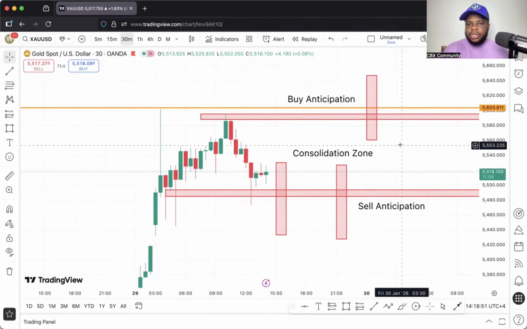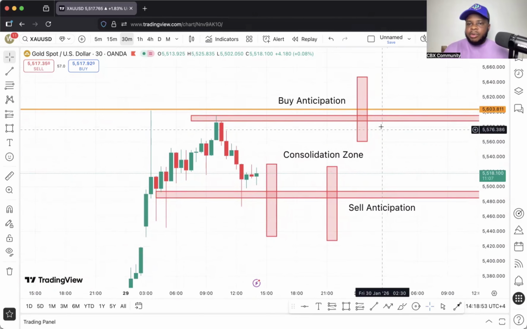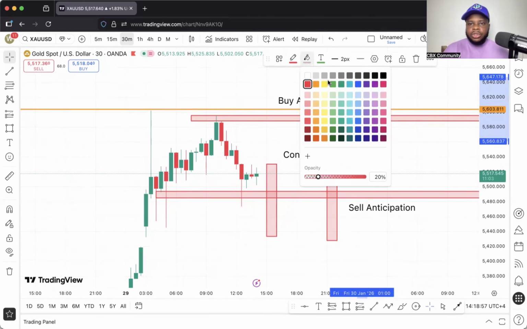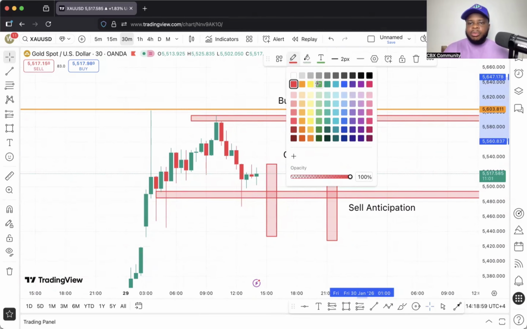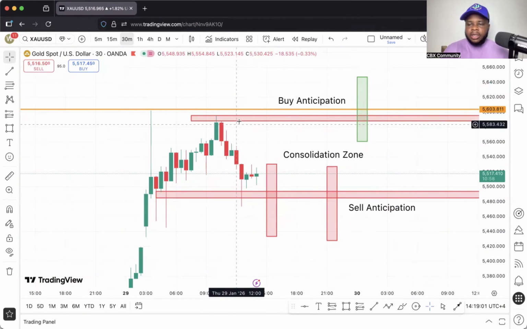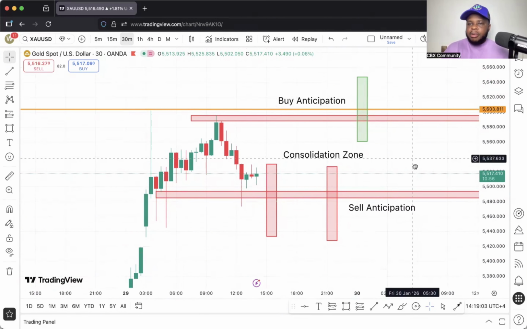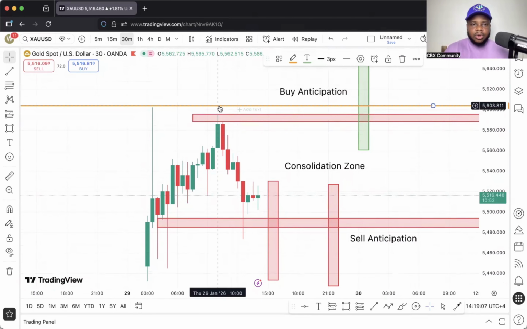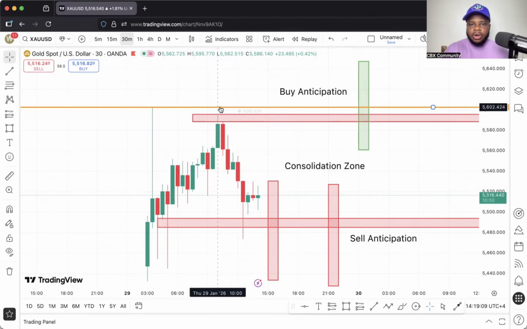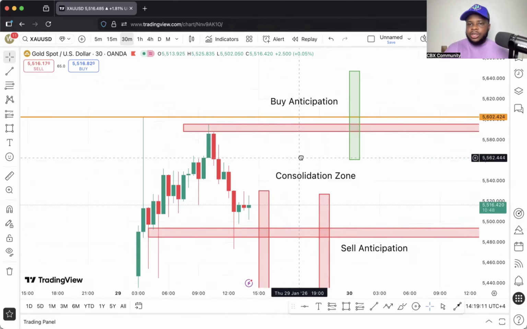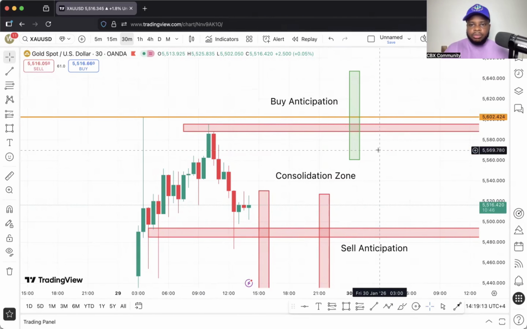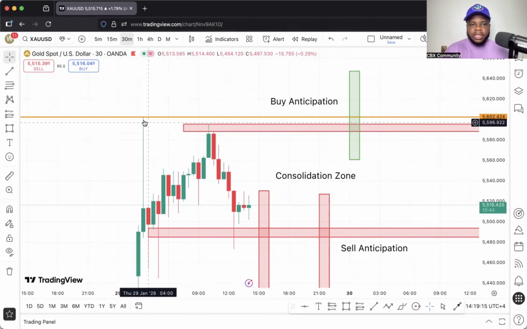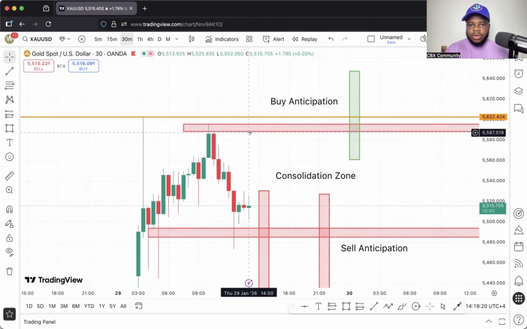And then I also want you guys to know that if a bullish candle, let's change it to a bullish candle, should break our resistance zone, there's a high probability that the candle will have to break the recent high on gold, and then the candle will have to create a new all-time high on gold, because the range from the high of the recent candle to our resistance zone is very close.